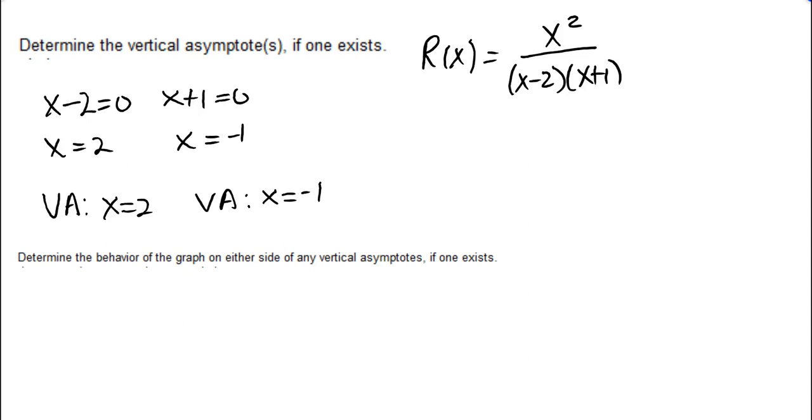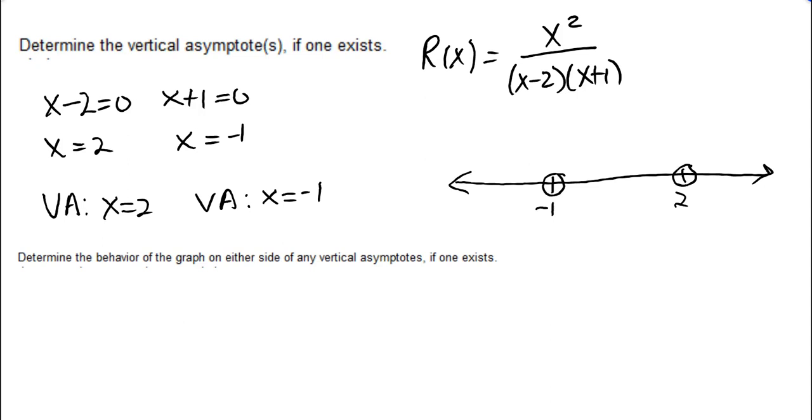So I'm going to make a chart using my vertical asymptotes to help me decide what to do here. So I'm putting on my number line a -1, that's the location of one vertical asymptote, and a 2. I'm going to go ahead and put open circles on those values because I know that those are not included in the domain.